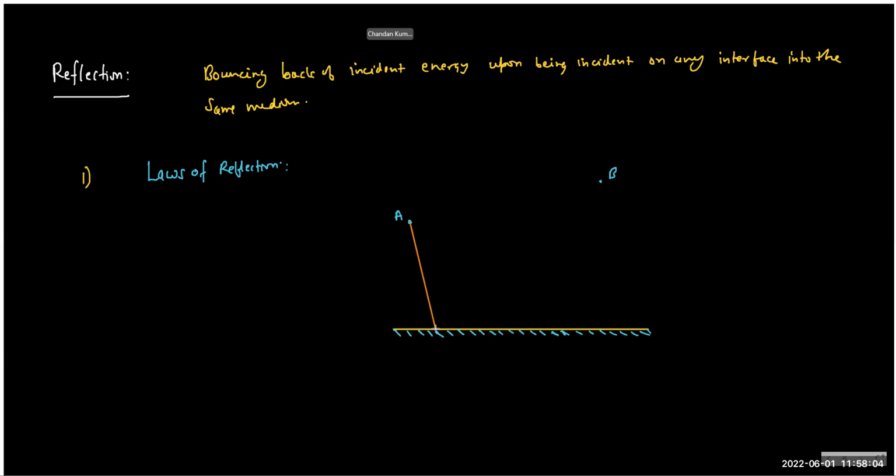So there are many possibilities of going from A to B. There are just infinite paths possible. Now out of this infinite number of paths, how will the light ray choose the correct path?